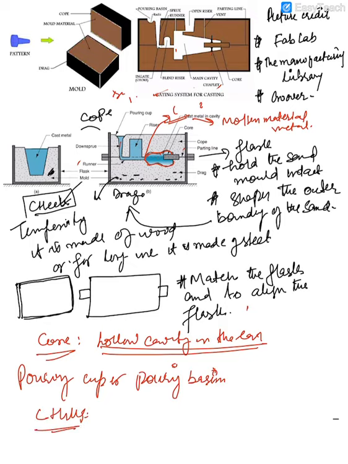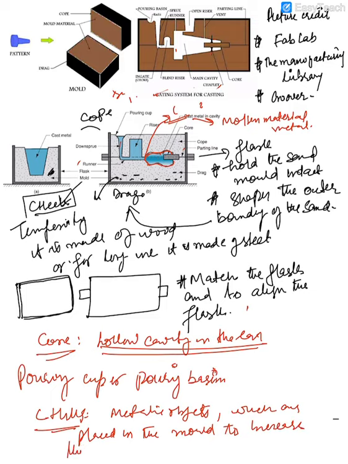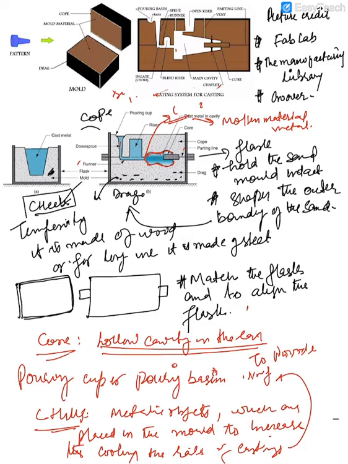Chills are basically metallic objects which are placed in the mold to increase the cooling rate of castings, to provide a uniform or desired cooling rate.